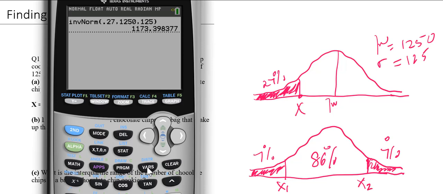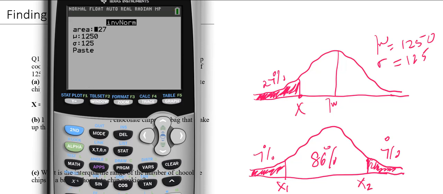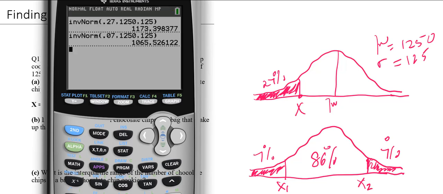So let me bring the calculator up one more time. And second variable, inverse norm, enter. And now I'm going to do 0.07. And then same thing here, paste, enter. And here you go, 1065.53. That's the x1.